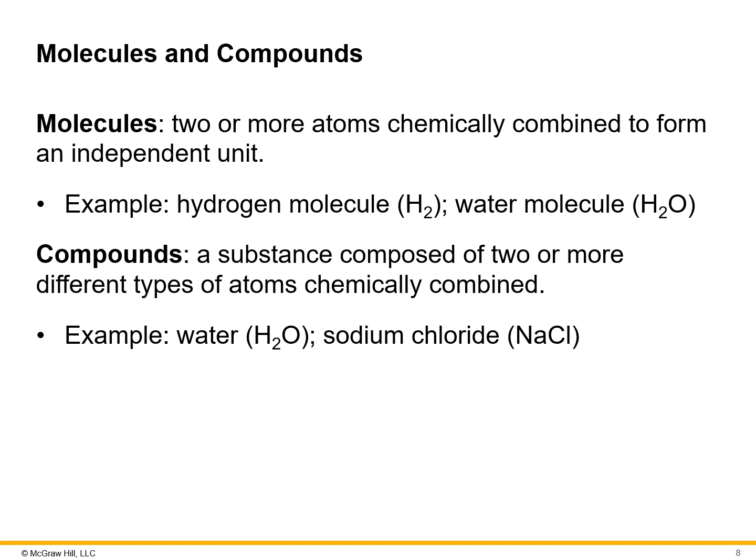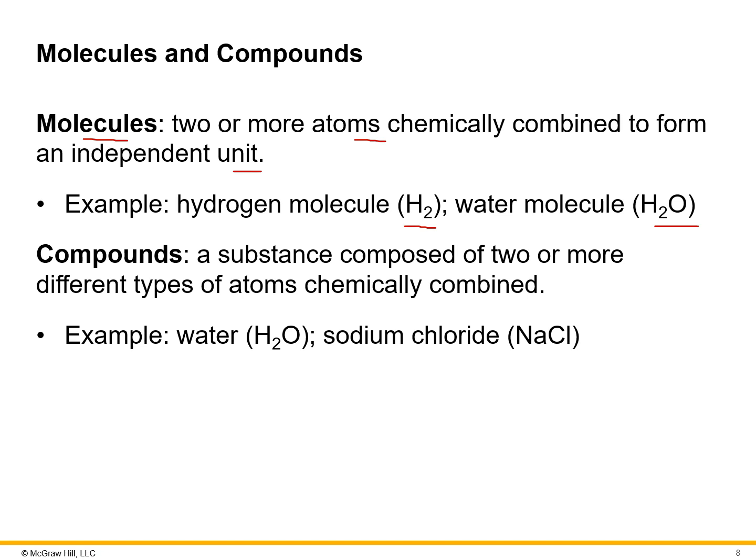A couple terms here, molecules and compounds, similar. So molecules are 2 or more atoms combined to form an independent unit. So for example, a hydrogen molecule is 2 hydrogens bound together, like we'd seen as the example of our nonpolar covalent bond. And then water, H2O, is also a molecule because it has 2 hydrogens and an oxygen, like we'd seen for our example of a polar covalent bond.